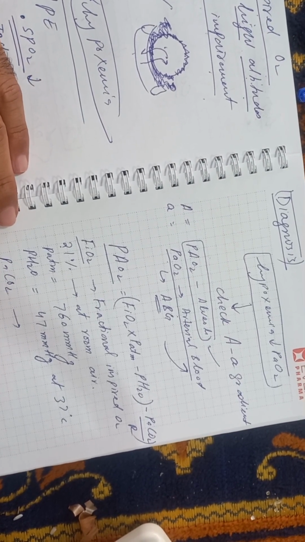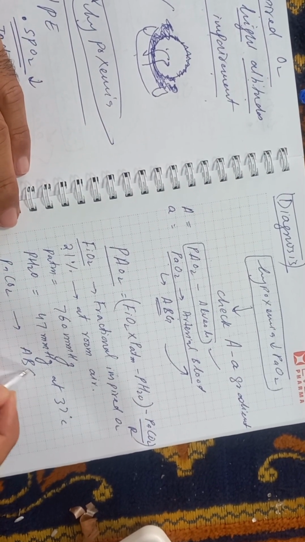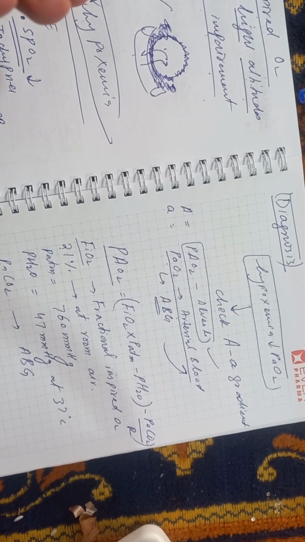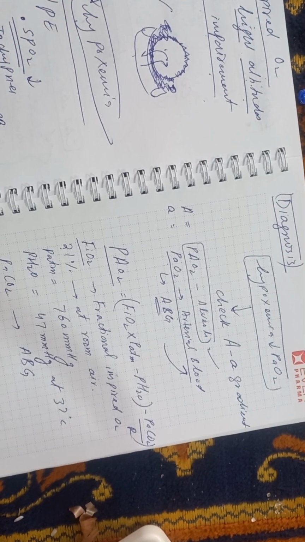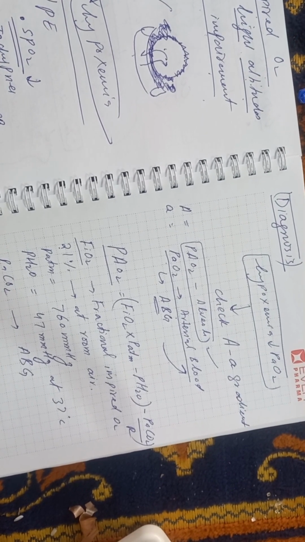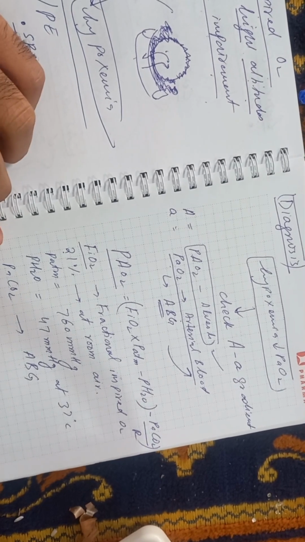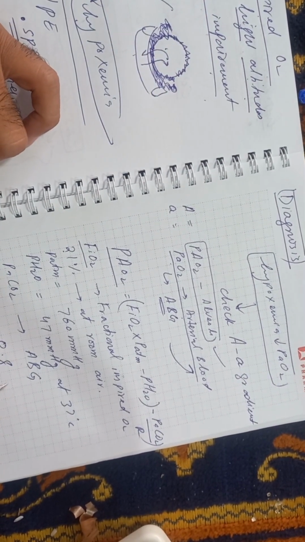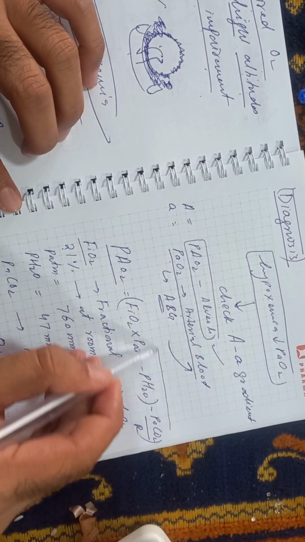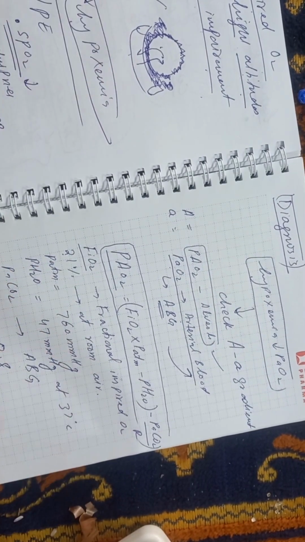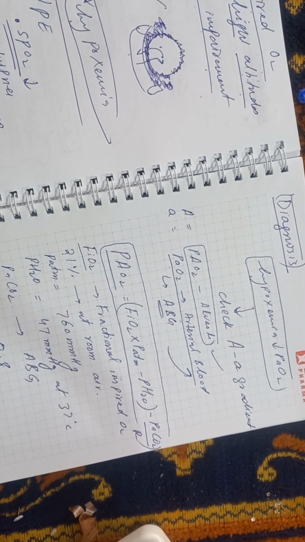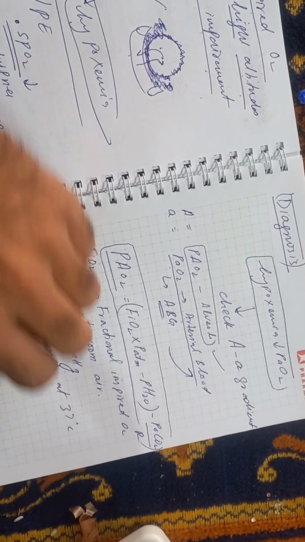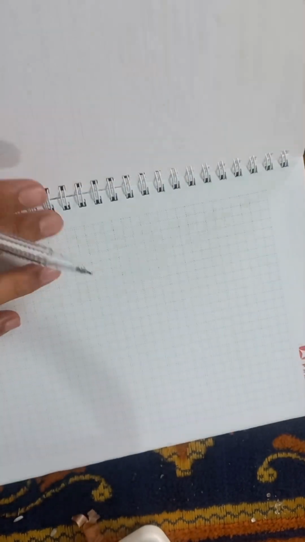It's the partial pressure of carbon dioxide that you obtain via ABG, arterial blood gas. And R is a quotient. R is a constant number, and its value is 0.8. So now you get all the values that you have to put in this equation. When you get all the values, you put them in this equation. Now let's go to the other page and draw it all the way again, right?